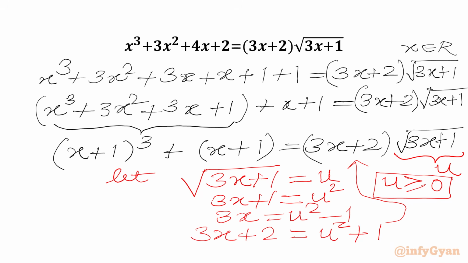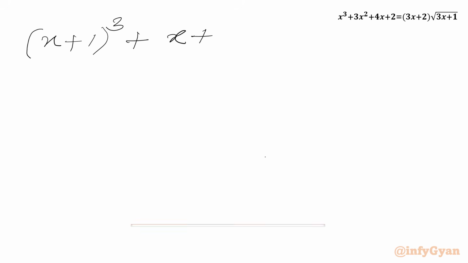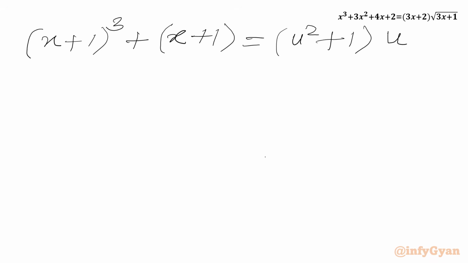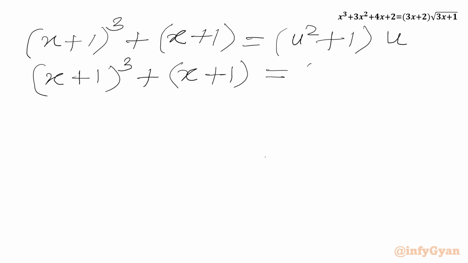We will get x plus 1 whole cube plus x plus 1, then u square plus 1 and then our substitution u. Or we can write x plus 1 whole cube plus x plus 1 must be equal to u cube plus u.